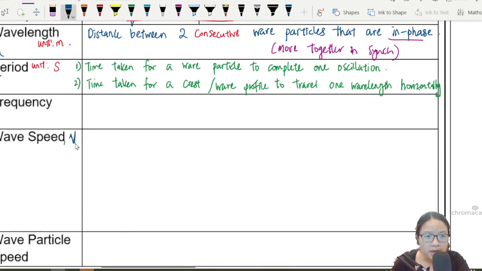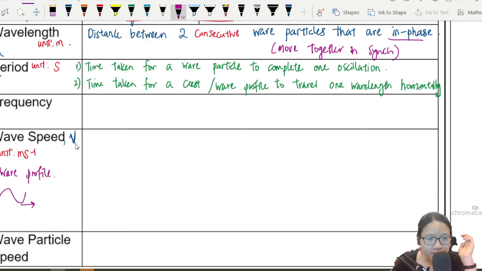The unit here, for speed, would be meter per second. This is the wave speed of the wave profile. How fast is this thing traveling? If we think about the definition of speed, v is distance over time.